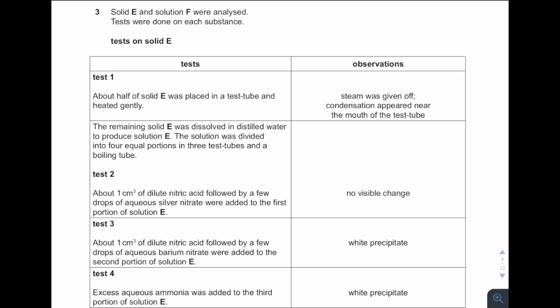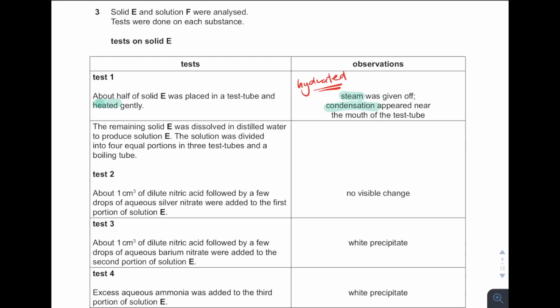This is about the anion and cation test. First, the solid was heated. When it was heated, steam was given off and condensation takes place. So based on this test, we can conclude that this solid is hydrated; it contains water.